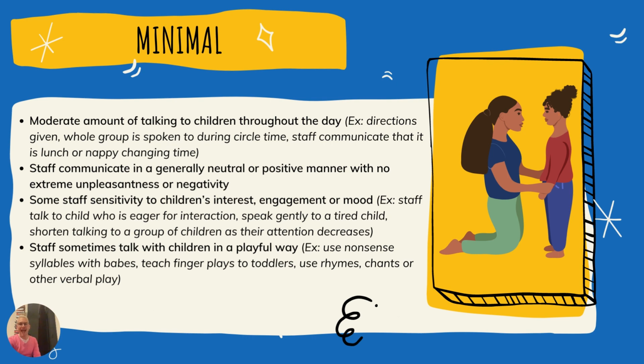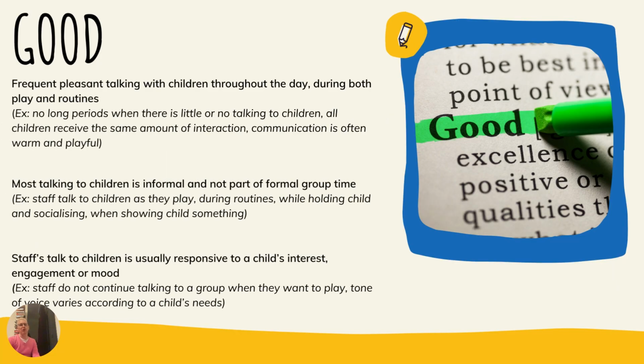So let's move on and think about what a good early years classroom might look like. Here we have 3 points. The first one that we would be seeing if there was good interaction in terms of talking to children would be frequent, pleasant talking with children throughout the day, during both play and routines.